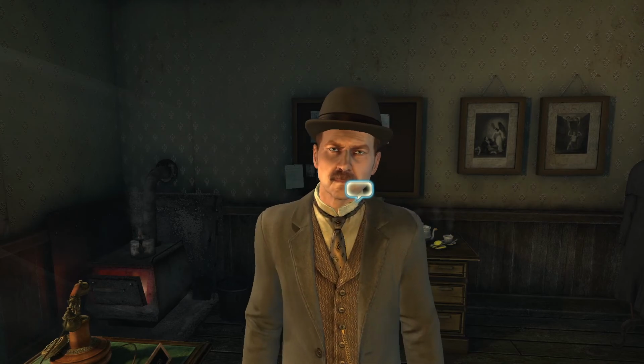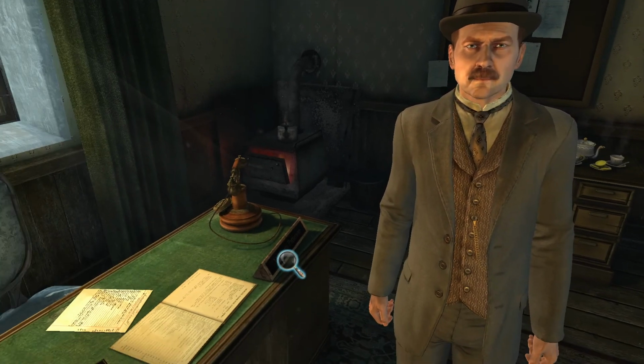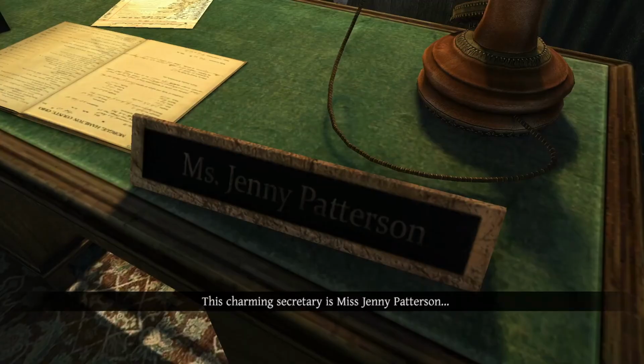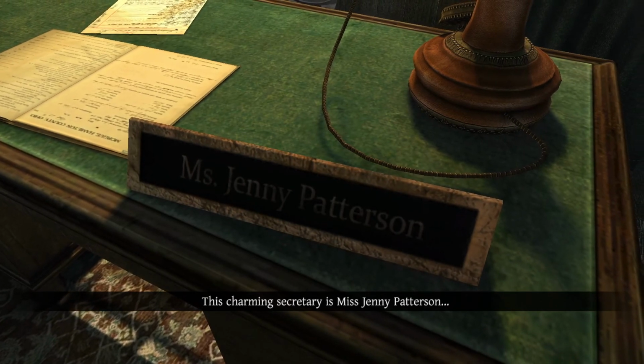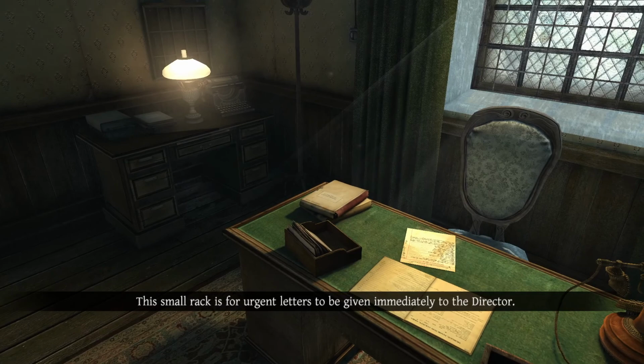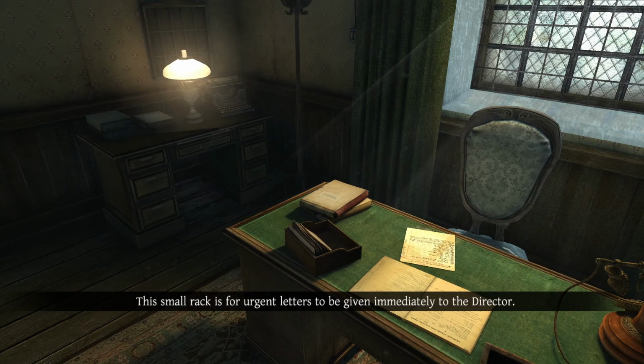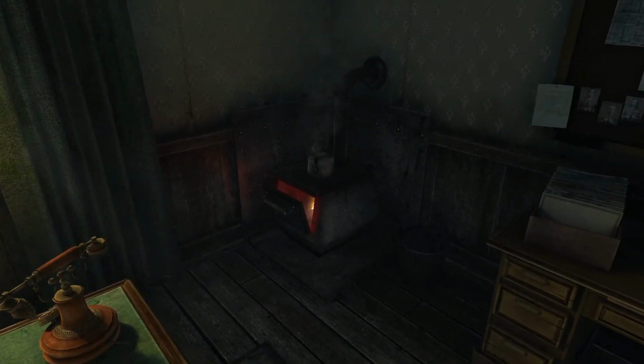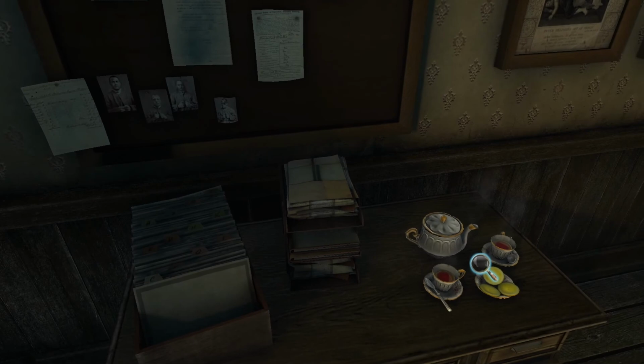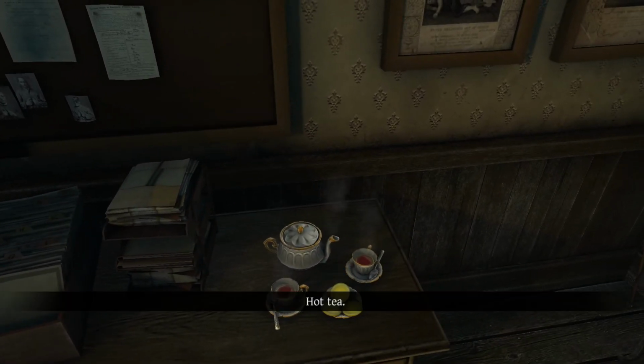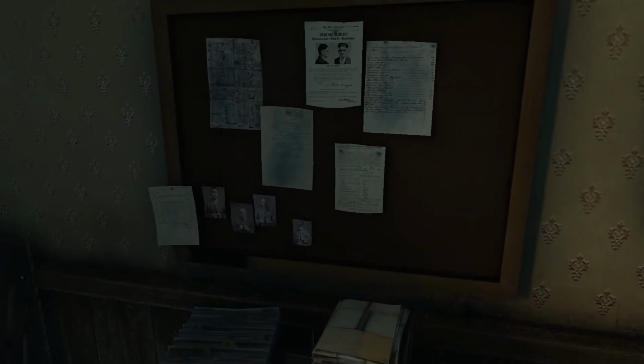Oh, finally your education pays off. So, this charming secretary is Miss Jenny Patterson. Okay. This small rack is for urgent letters to be given immediately to the director. Anything else we can find? A stove. Tea and biscuits. Hot tea. Oh, lemon, sorry.